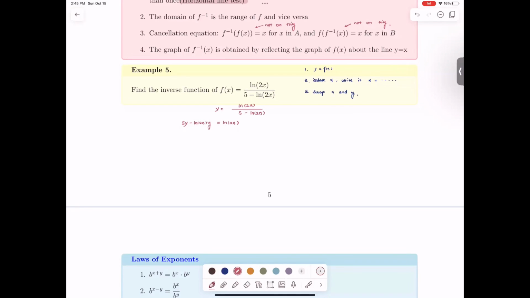And then put the terms with x together, so 5y equals ln 2x plus ln 2xy. And I can factor it out. That's going to be ln 2x times (1 plus y). Right? So divide by 1 plus y.